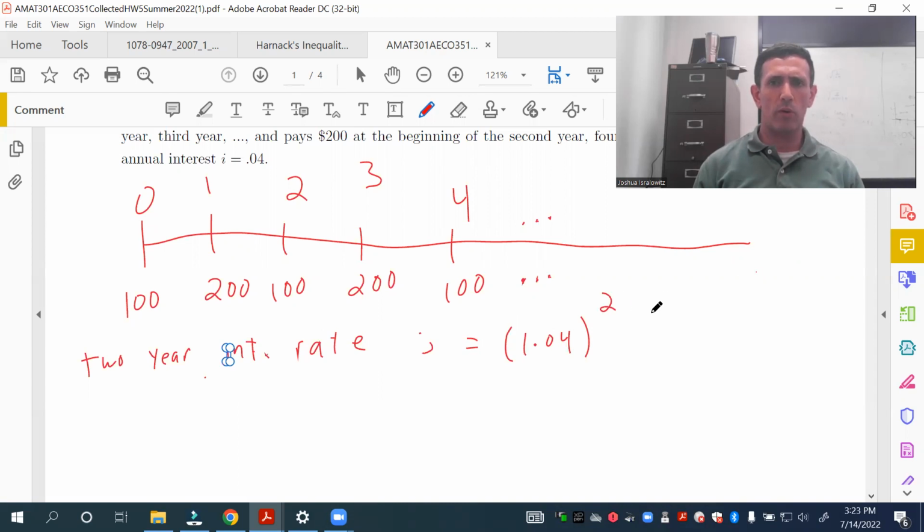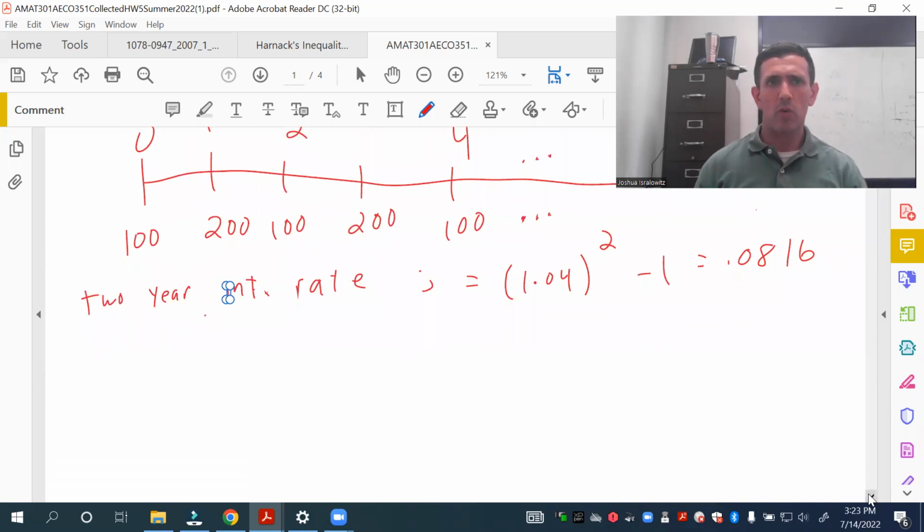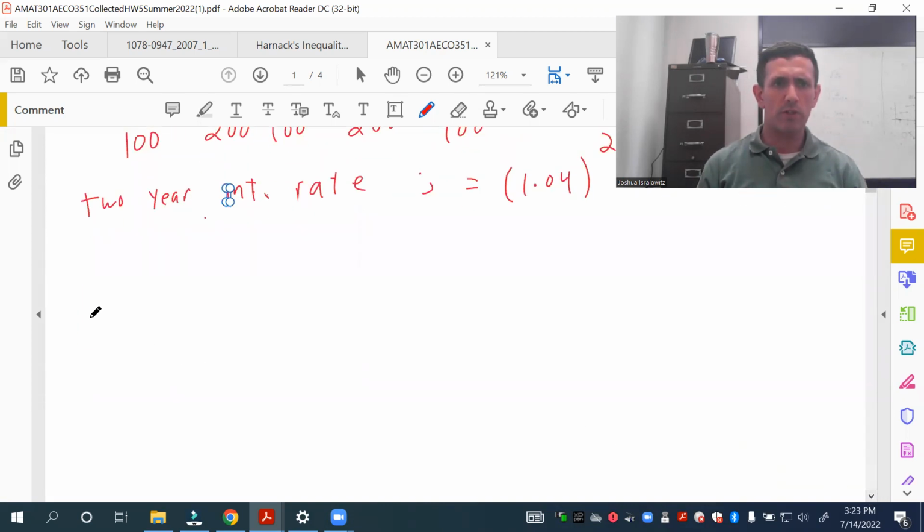So you square 1.04, subtract 1, and get 0.0816. Okay, so that's the 2-year interest rate. Just like before in the lecture and the quiz problem, we break this up into 2 annuities. Let's do the 100 first.